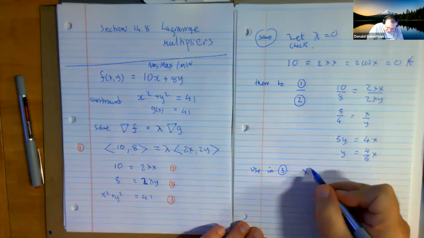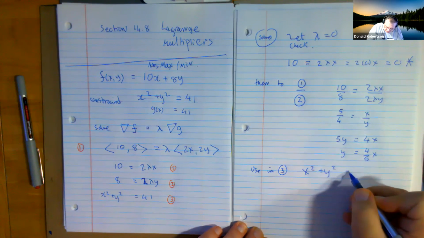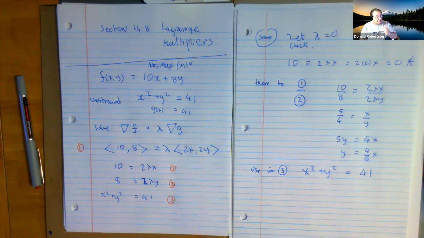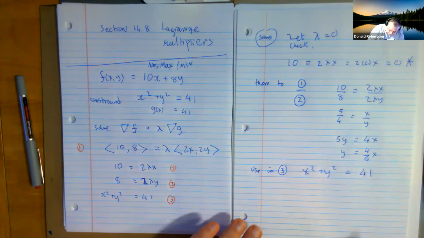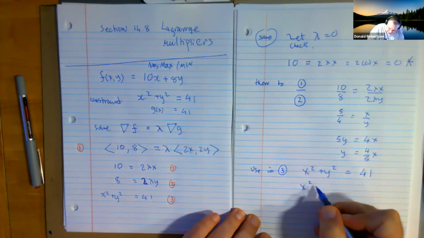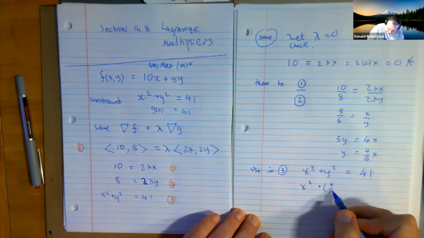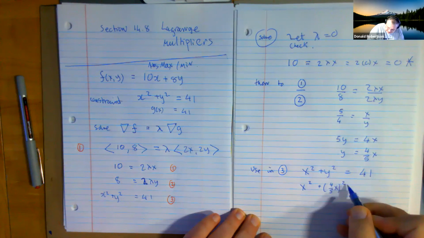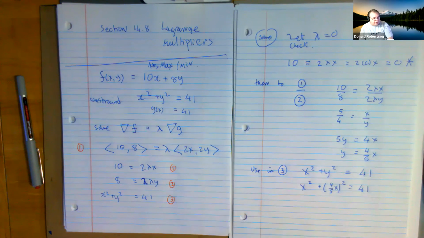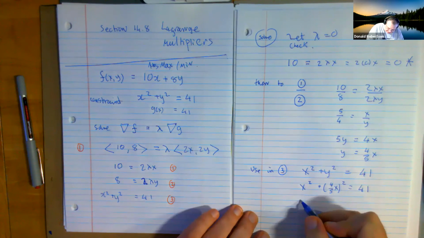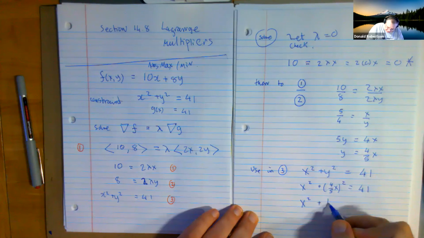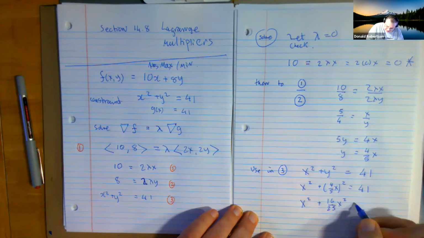Since x squared plus y squared also has to be equal to 41, if it's a true critical number, that's going to be x squared. The y can get replaced by 4/5 x. And this becomes x squared plus 16/25 x squared equals 41.